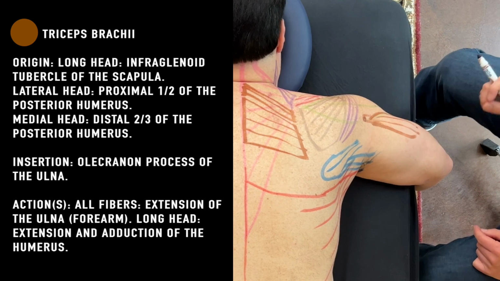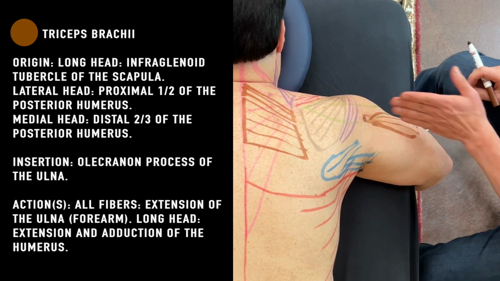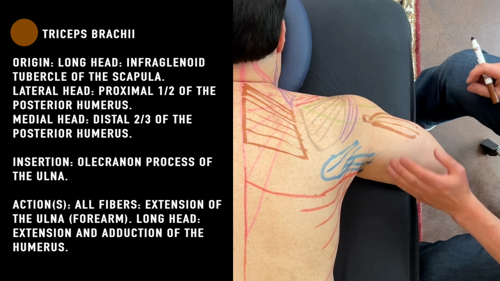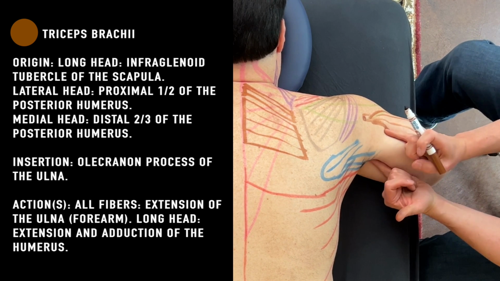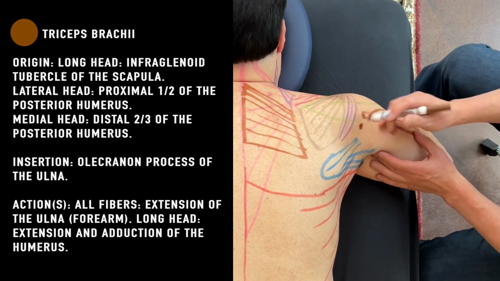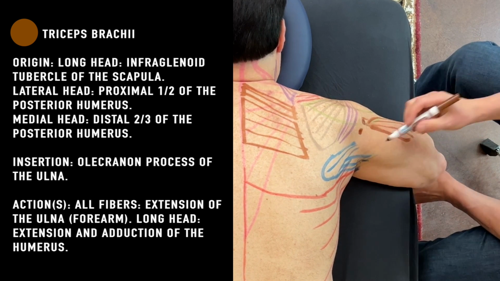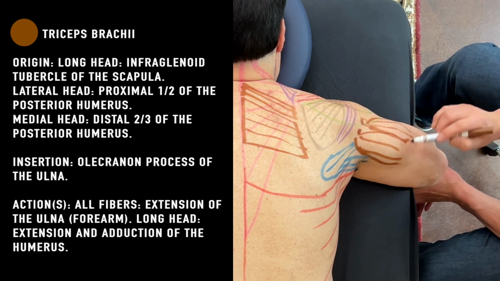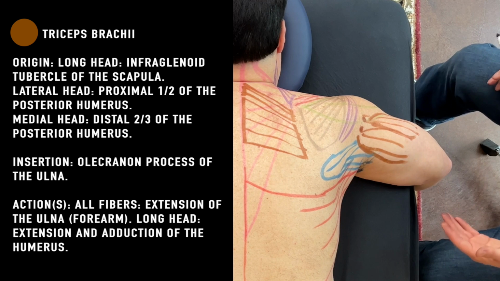So this is the lateral head of the triceps brachii. It arises from the upper posterior portion of the humerus. And let's move over to the long head, which arises from the infraglenoid tubercle right there. Go ahead and give me some extension, and you can see the long head sticking out like so. And then relax.